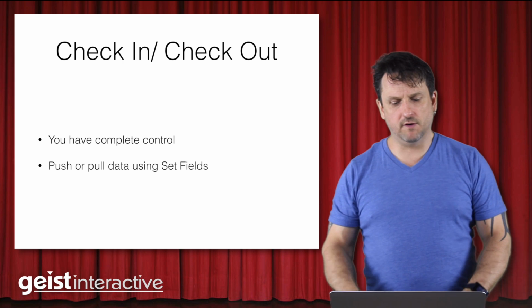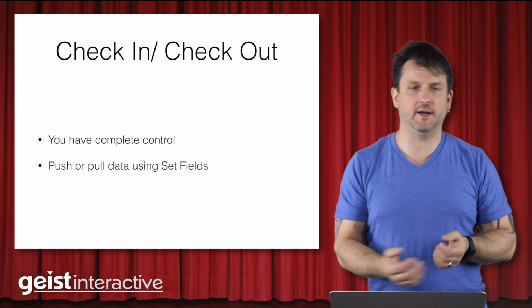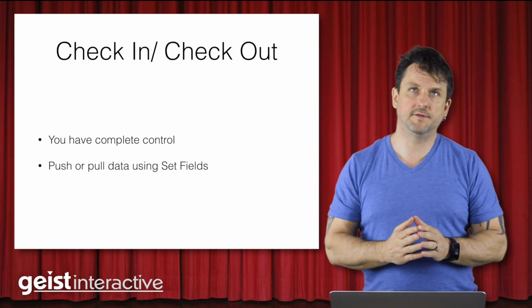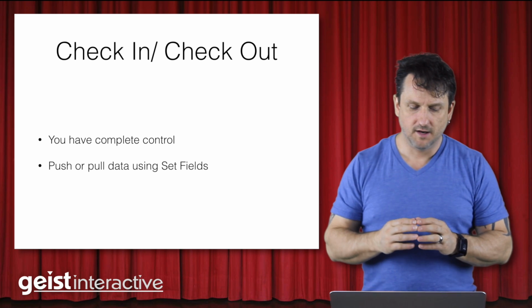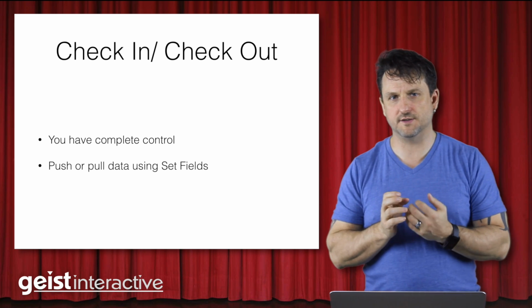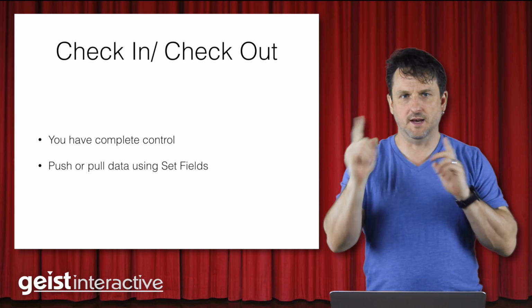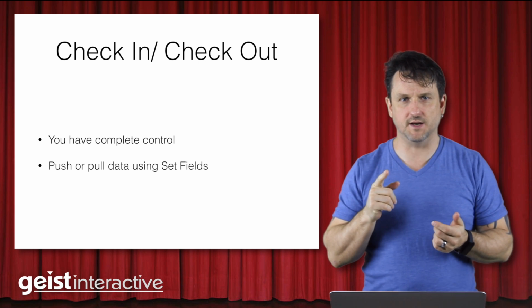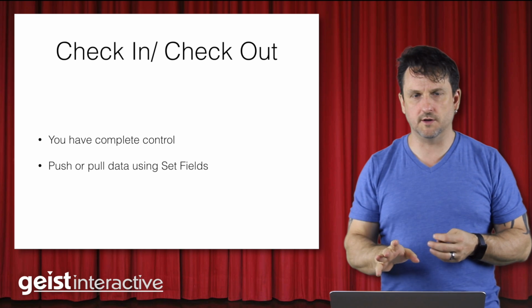The other thing is what we call CheckIn and CheckOut. That's what I'm calling the title here. But the second one really is the fact that you have complete control, using FileMaker set fields, to push data in either direction during that sync. That'll make a little more sense as we go into the demo.